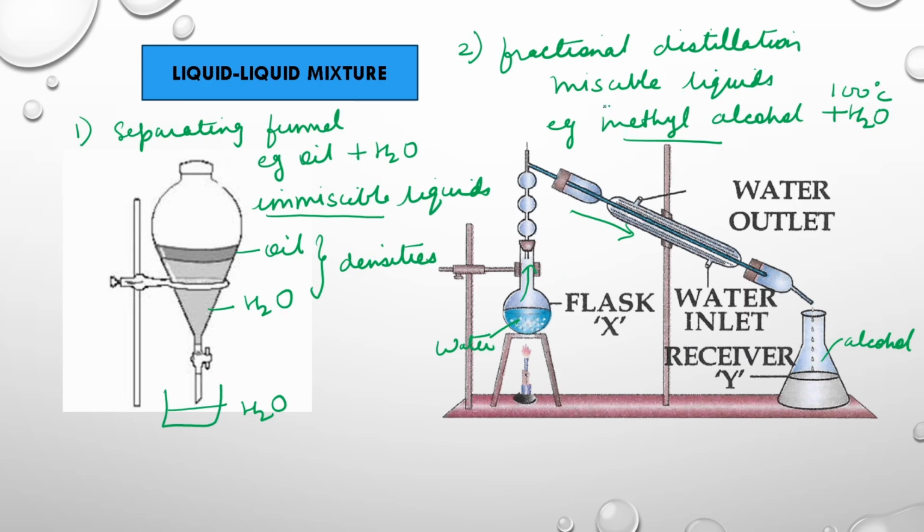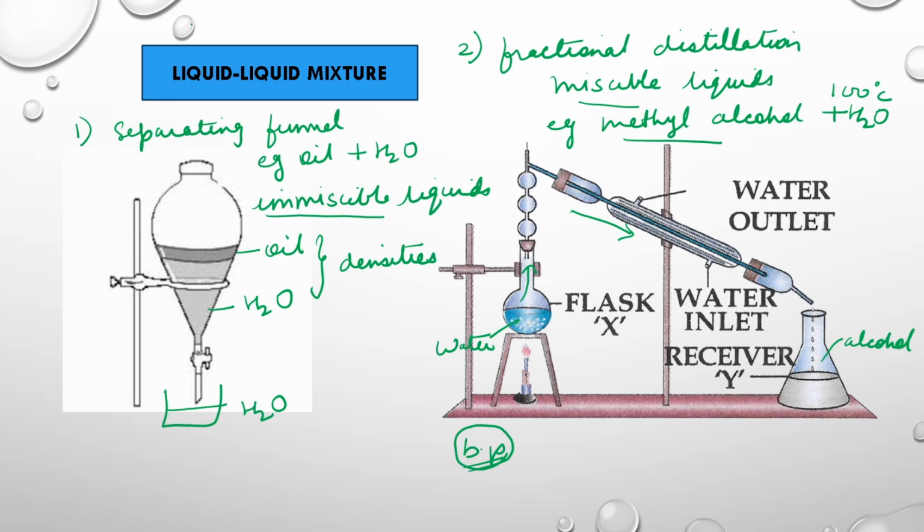Again, what two important points do you need to remember for fractional distillation? That the liquids are miscible, they mix into each other, but there is difference in their boiling points. So the separation technique here depends upon the difference in their boiling points, and due to this we are able to separate the two miscible liquids.